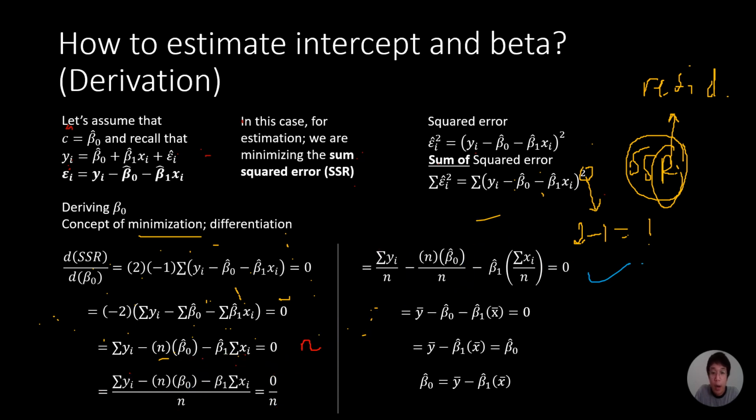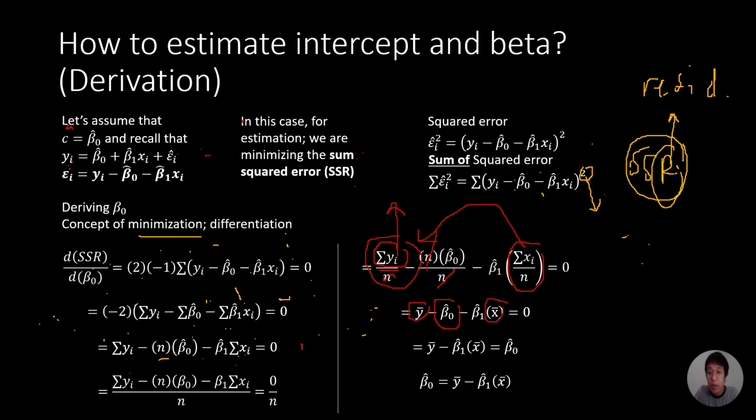Next interesting part is that recall that we are working with our samples, right? So it's just the summations of your sample y, right, divided by your sample size. Then it's just your y bar, the sample average of y. In this case, the n is offset to each other, so it becomes just minus beta 0. And in this case as well, it's the similar case with this one. It's just the x bar equivalent to 0.